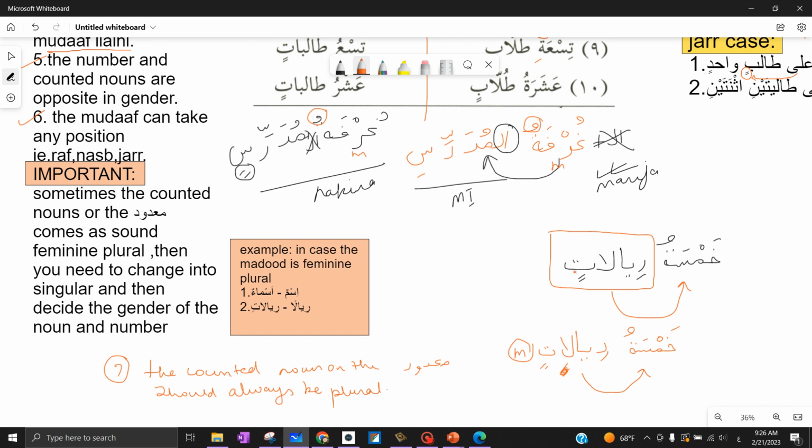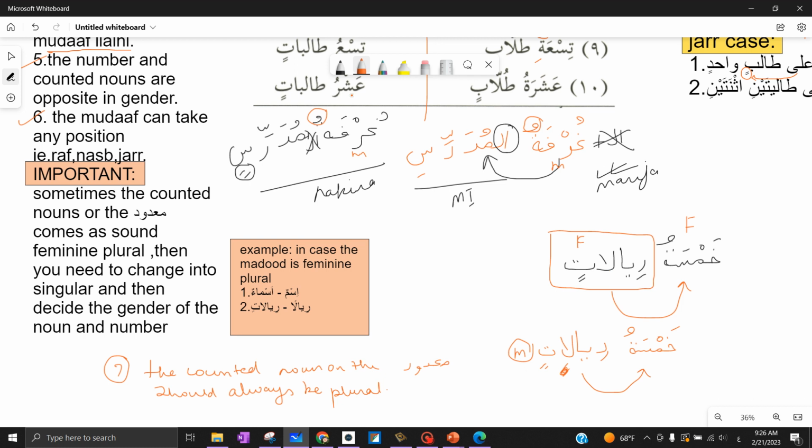If it's male, then you put the female number, because from 3 to 10 the numbers and the counted nouns are opposite in gender. That's why here the counted noun is female and the number is also female. So don't think it's wrong. Always check the madud and the singular form.